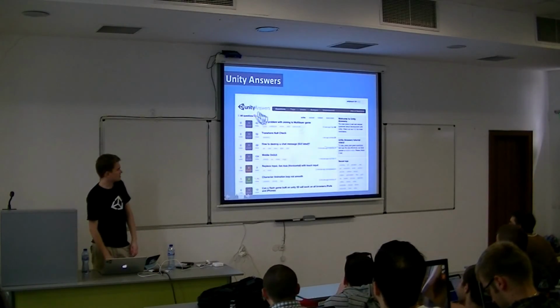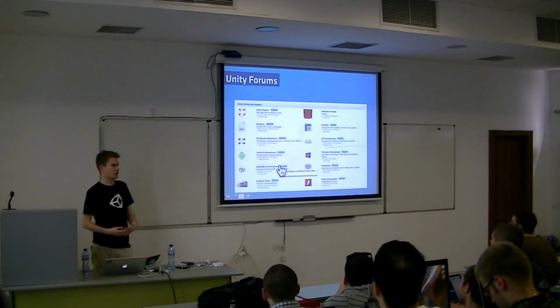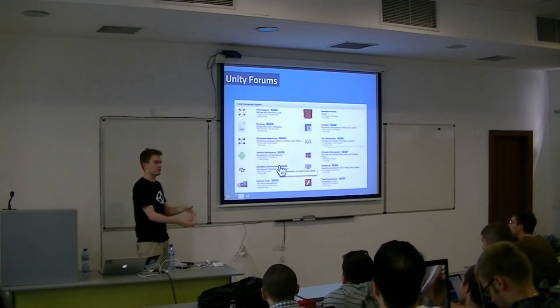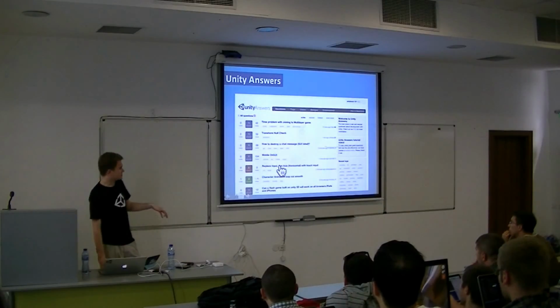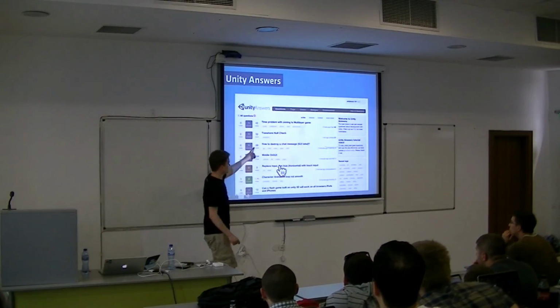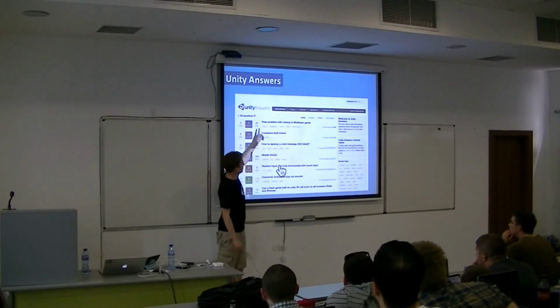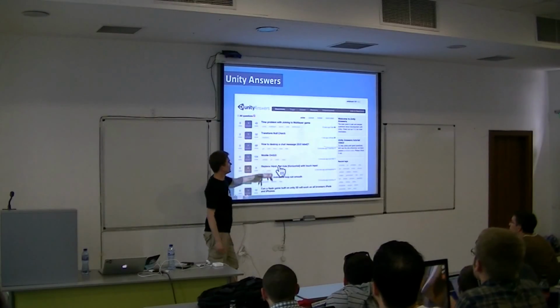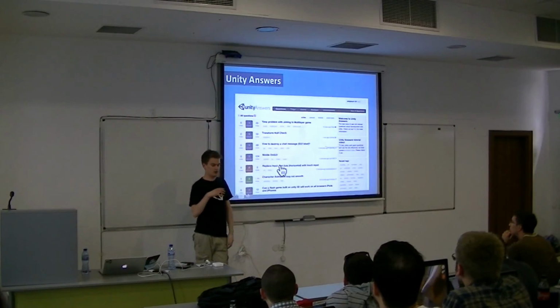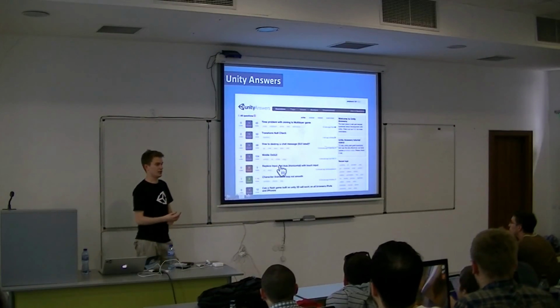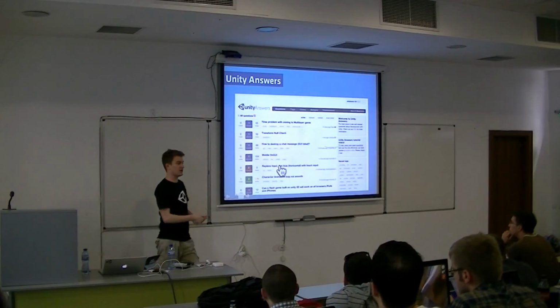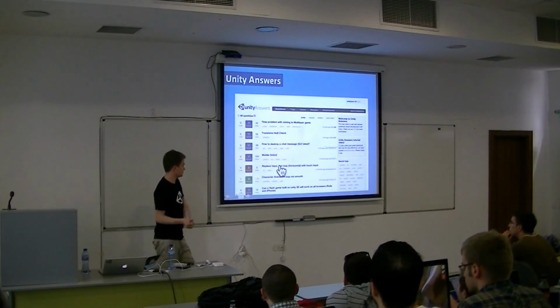We also have Unity Answers. The forums are more like discussion: I want to make a shooting game, what would be the best practices? Has anyone got any advice or examples? Answers is more like, how do I do this? Or, the problem with joining a multiplayer game. People then give a full answer, and some of the community will monitor it and approve it if it's actually good and valuable.